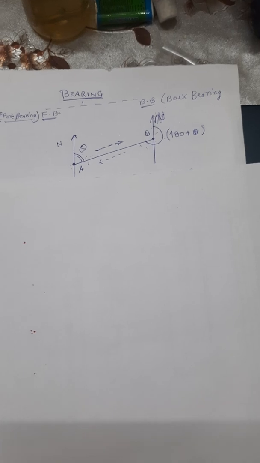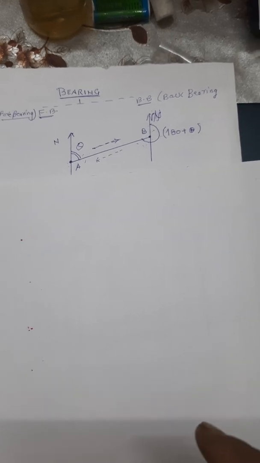From north to east, it is 90. From east to south, again it is 0. From south to west, again it is 90. And from west to north, it's 0, that is 90 degrees.